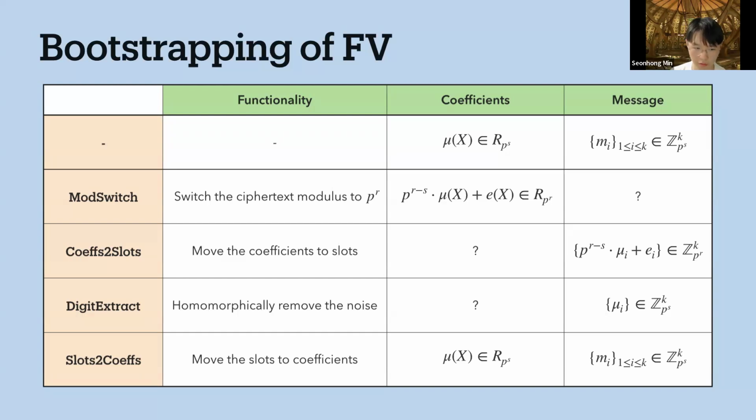And then during the coefficient to slot step, we generate an encryption of the coefficient vector of P to the R minus S times mu plus e. And then during the digit extract step, we get rid of the noise part e. And then finally, in the slot to coefficient step, we move the original coefficient vector back to the coefficients of the message.